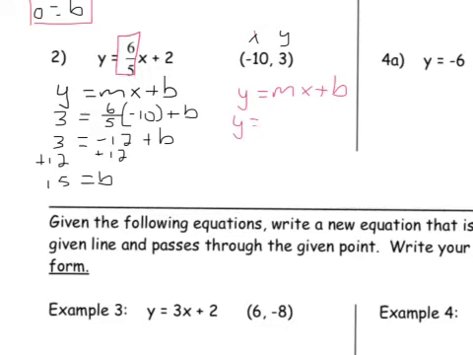So y equals 6/5 x, because we want the same slope, plus 15. So these equations have the same slope, so that tells me that they're going to be parallel, and they have different y-intercepts.